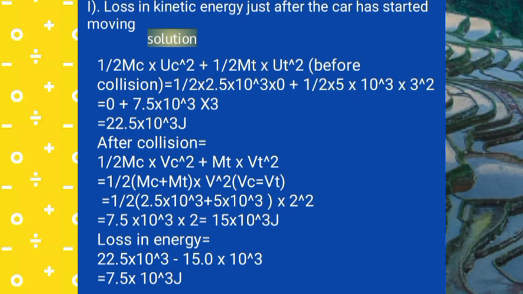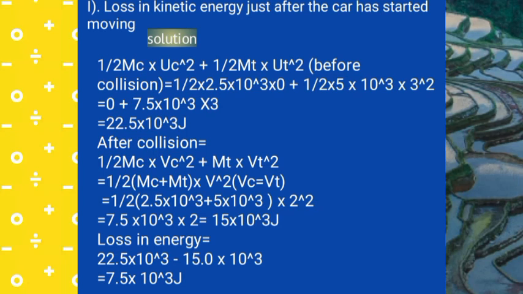So half mu square plus half mu square for car and for tractor. So that's before collision. We know the mass of the car and others, so we have to apply them. Half times 2.5 times 10 raised to power 3 times 0 for the first one.